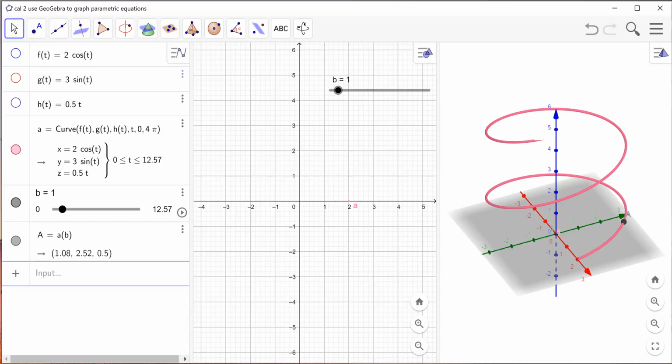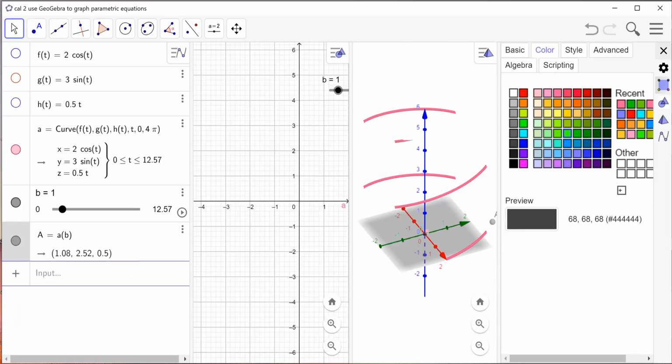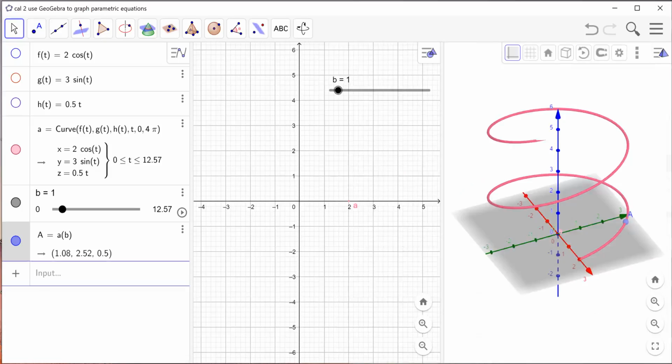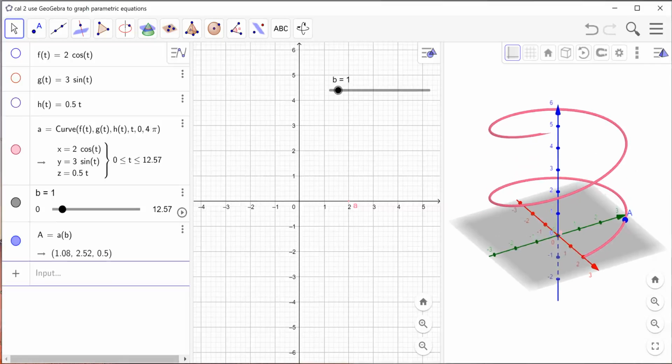Let me change the color to blue. Now it's more obvious. So when the slider moves, my point moves along the curve until it reaches 4 pi.